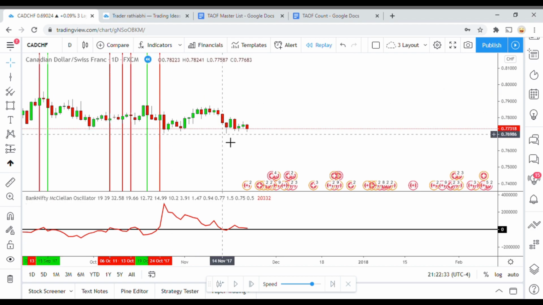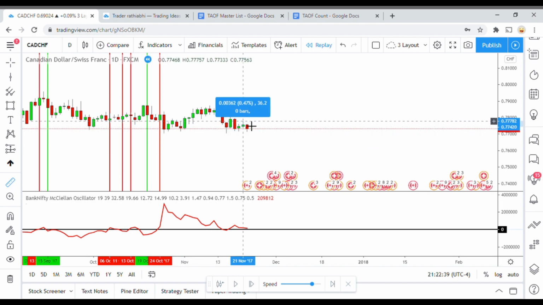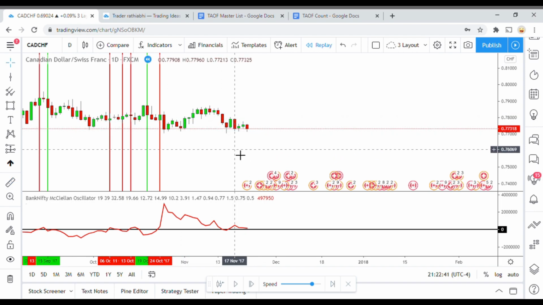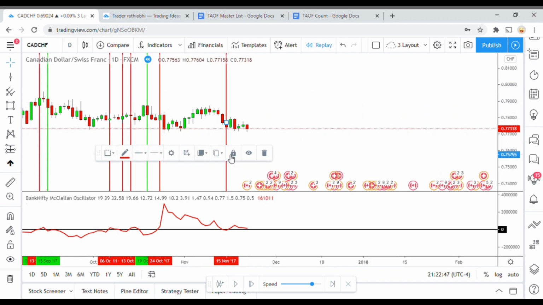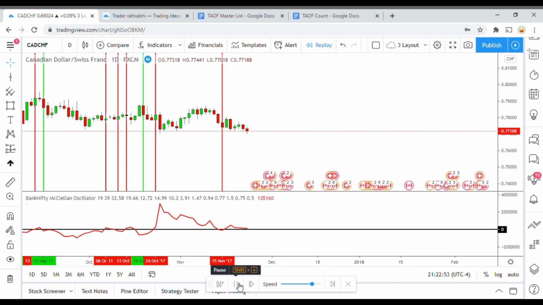There it goes. It broke down for a moment there. Let's see. Don't know if that stopped us out. Nope, didn't quite stop us out, but that was a short, and then it gave us a long signal almost immediately right there.